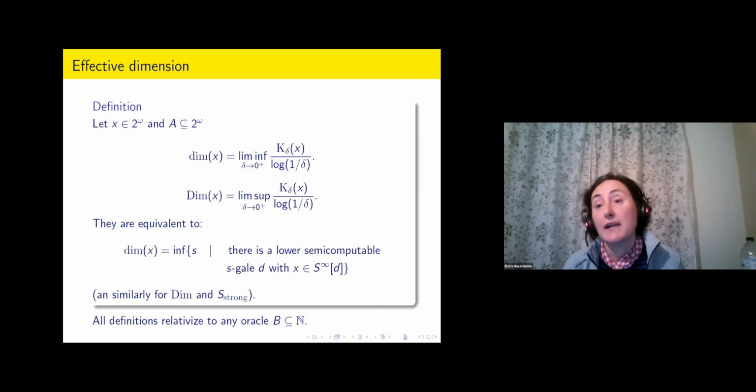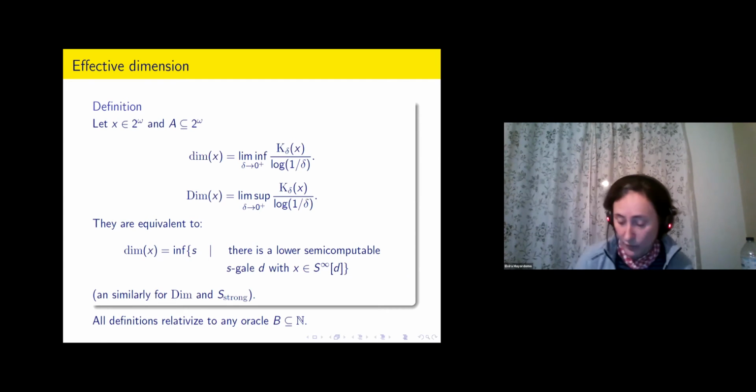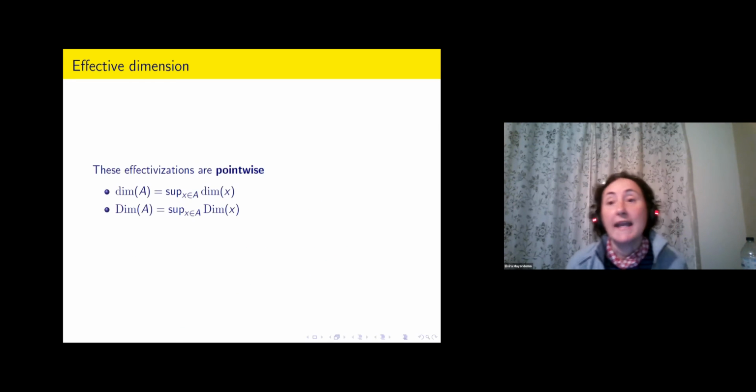And they can all be relativized, in the sense that Kolmogorov complexity can also be defined relative to an oracle A, and then you would get effective dimension relative to A or strong effective dimension relative to A. Okay, and as you have seen, I am defining effective dimension for reals, for points in the space. So this is still the space of Cantor or Euclidean. If you want to define it for a set, in this case, for effective, you just take the supremum.